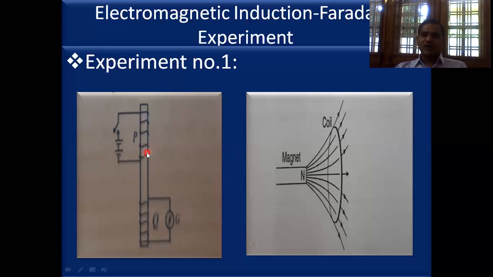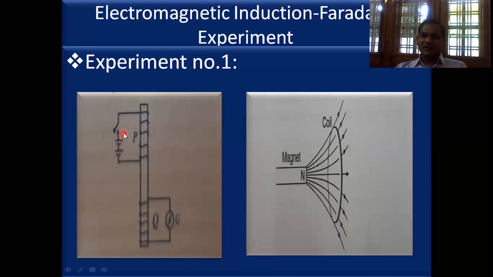He also did another experiment. Instead of the wooden core, it was replaced by an iron core. Then he observed more deflection in the galvanometer. By increasing the number of turns in both the primary coil and secondary coil, the deflection also increased.